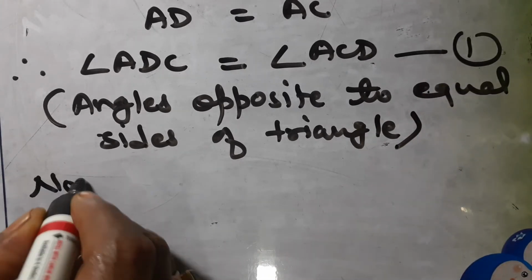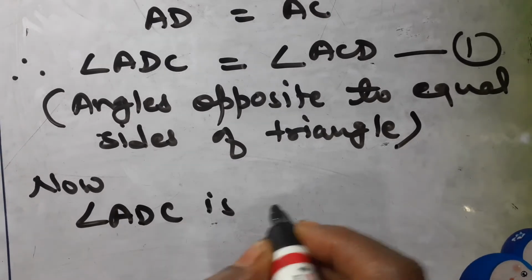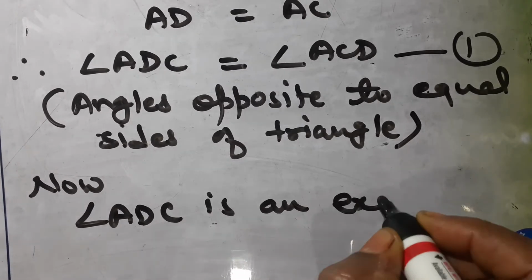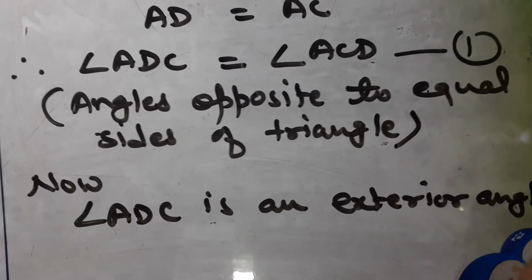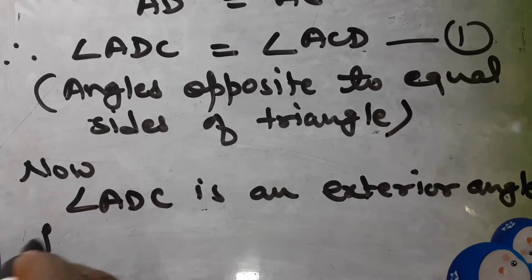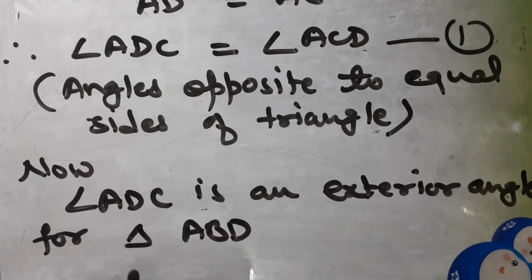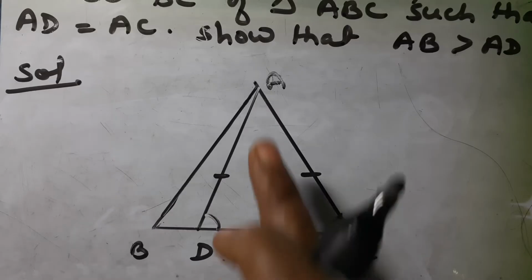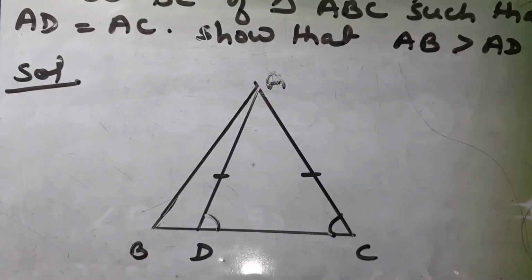Now, angle ADC is an exterior angle for triangle ABD.